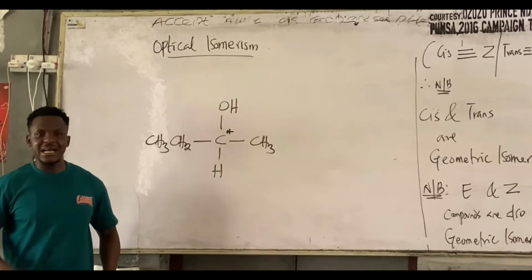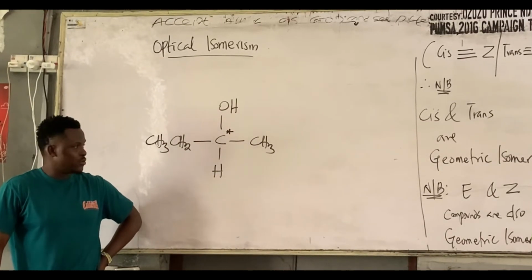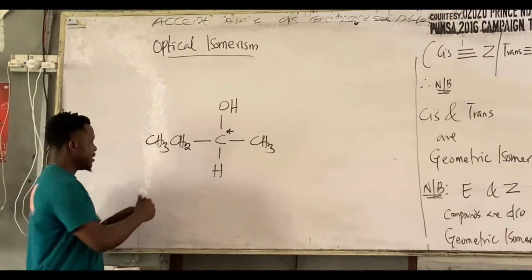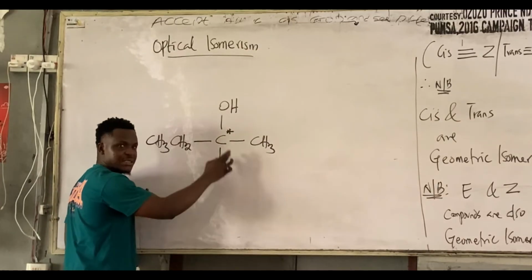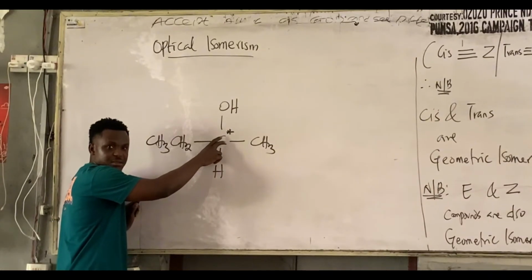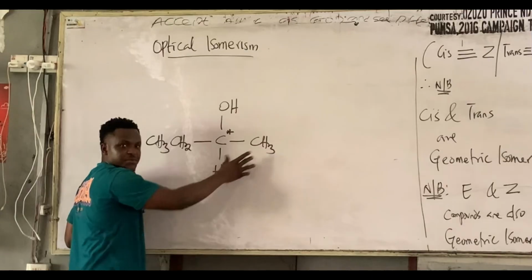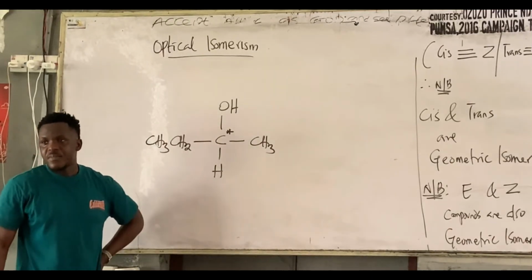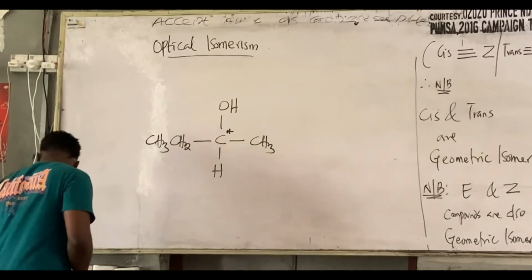Now, this here that has an asterisk is a chiral carbon. We want to ask why? Because if you look at all the substituents attached to this guy, they are all different. This is different from this, this is different from this, this is different from this. So this is actually a chiral carbon.